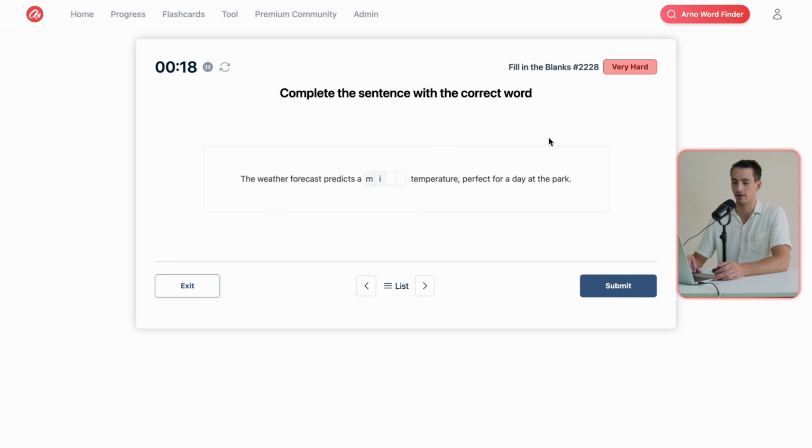The weather forecast predicts a MI blank blank temperature perfect for a day at the park. The correct answer here would be mild.